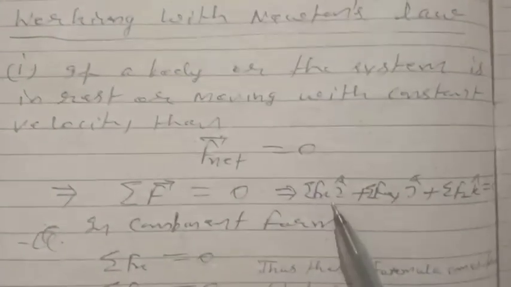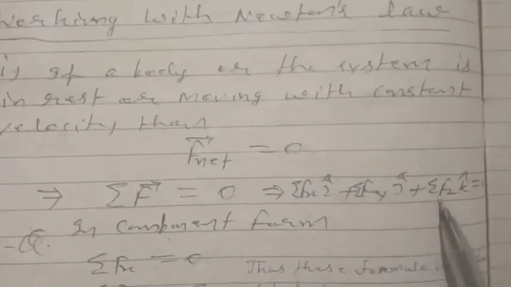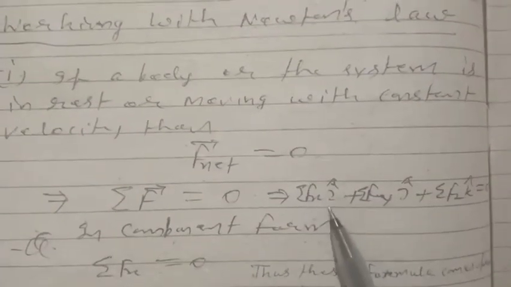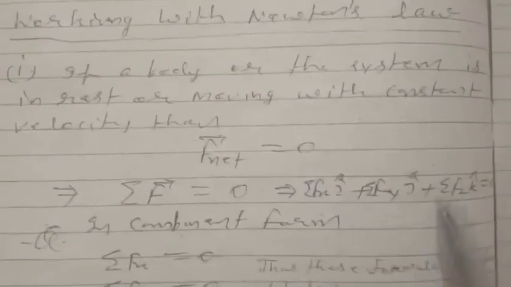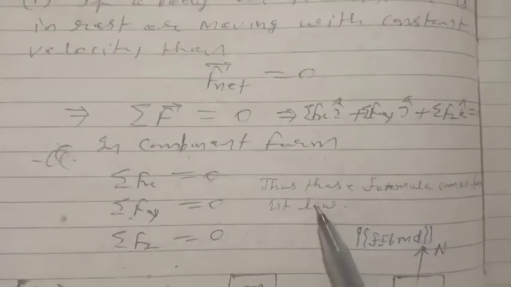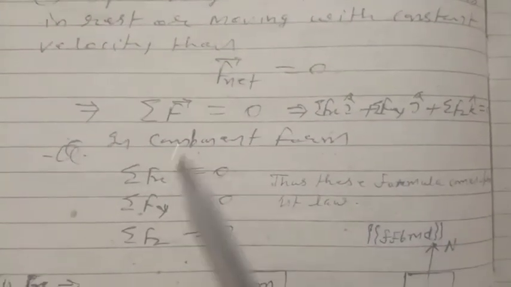This implies sigma Fx i cap plus sigma Fy j cap plus sigma Fz k cap equals 0. Resolving force into component form, we get sigma Fx equals 0, sigma Fy equals 0, and sigma Fz equals 0, and thus this formula comes from the first law.